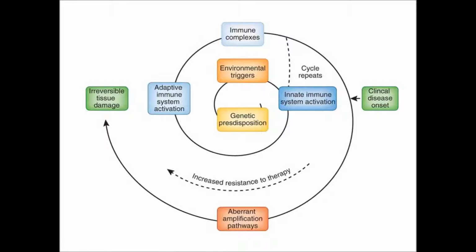This will result in the activation of the innate immune system, specifically the dendritic cells, which will present antigens to the adaptive immune system, specifically B cells, which will produce antibodies, which will form immune complexes. And at this stage, the cycle will repeat itself because the immune complexes will activate the dendritic cells to produce cytokines, which will produce more apoptosis, and so on. Okay, so this is the pathogenesis of SLE.